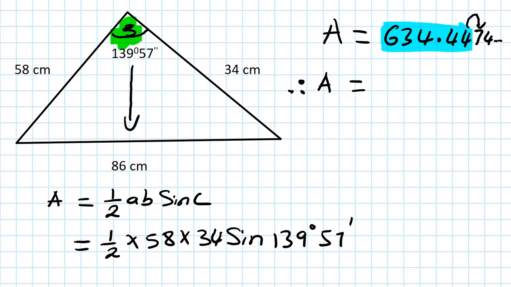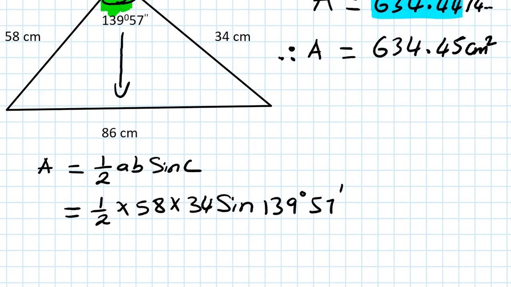So instead of writing 634.44, you write 634.45, and the unit is centimeters squared. So stick to the rules. Step number 1, write out the rule, and step number 2, identify the angle and the side, and just apply.